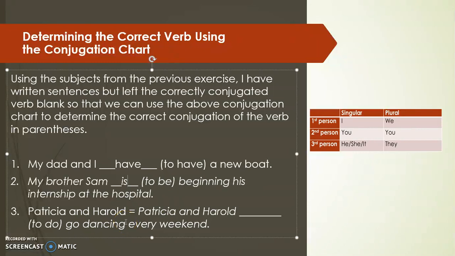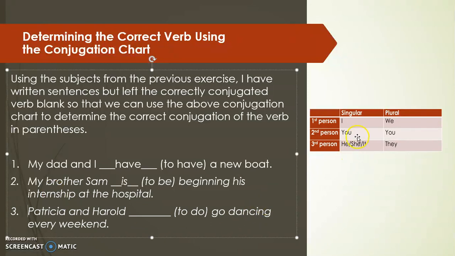Patricia and Harold, and the verb is to do. So I do, you do, we do, they do, right? So it's just going to be simply do go dancing every weekend.